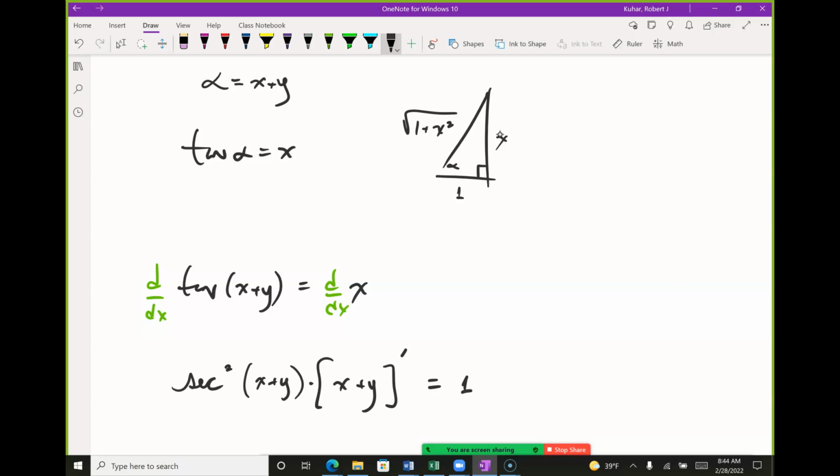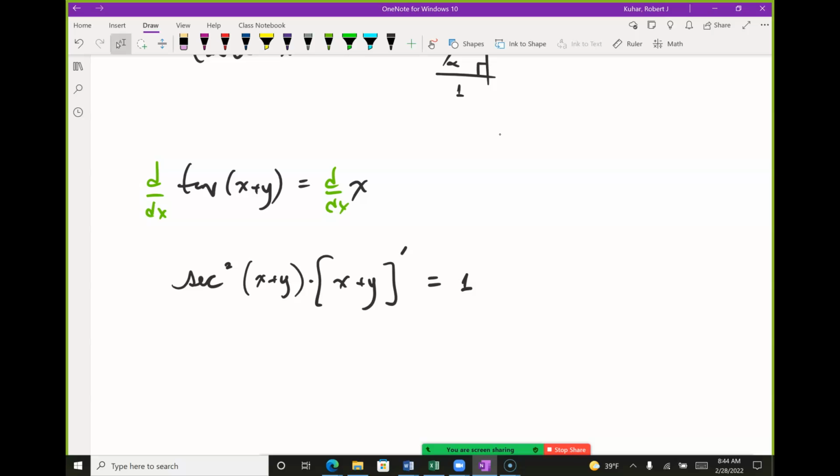1. Nice. So now I'm ready to take my derivative of the inside. I get secant squared of x plus y times 1 plus y prime. Make sure you agree with that. Derivative of x is 1. Derivative of y is y prime.